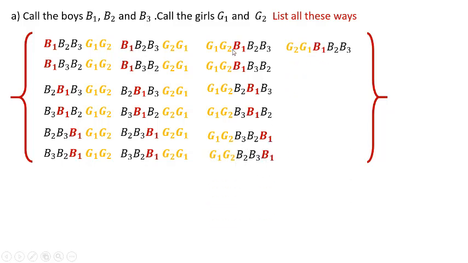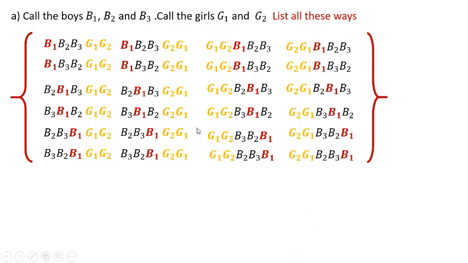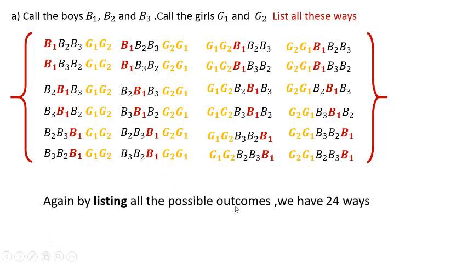Now repeat all these options, but now permute G1, G2 into G2, G1 to get another 6 options. Again, the total number of options equal 24 ways. Let's complete.